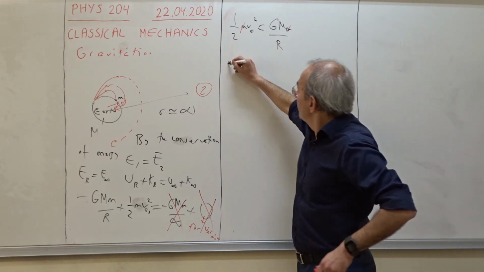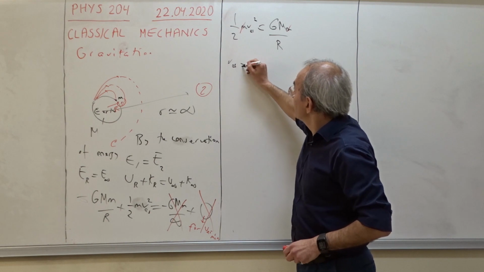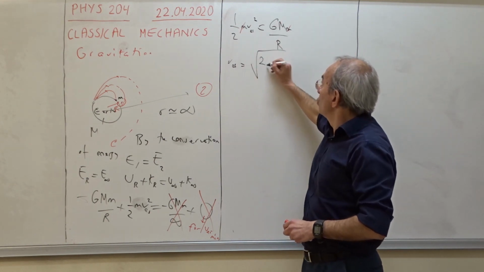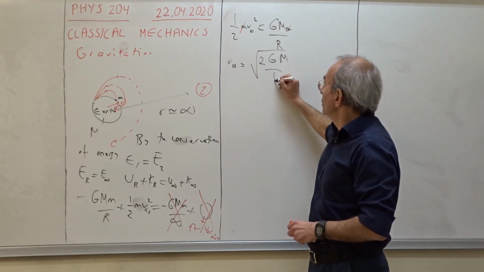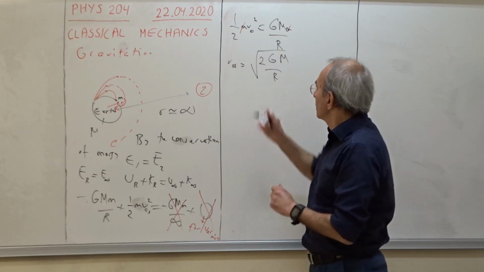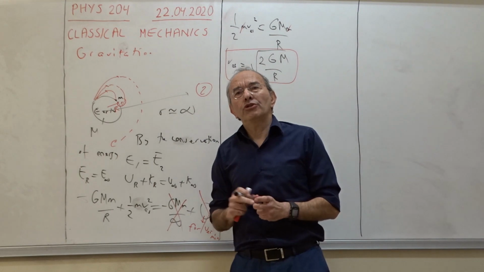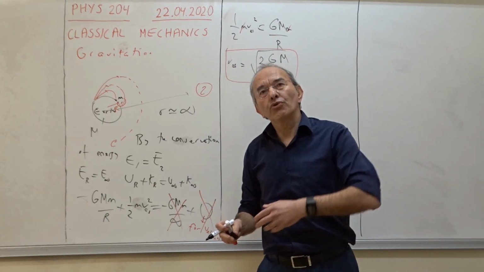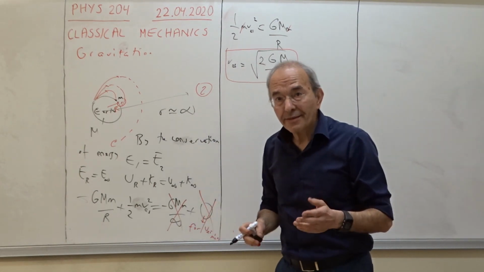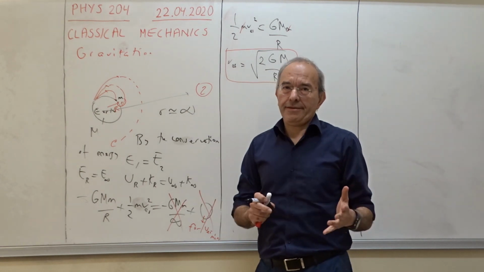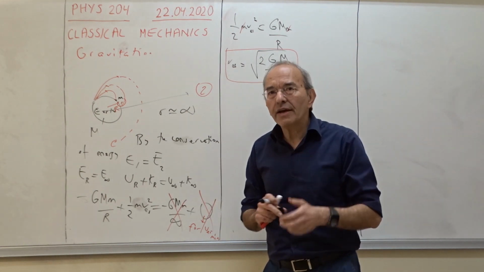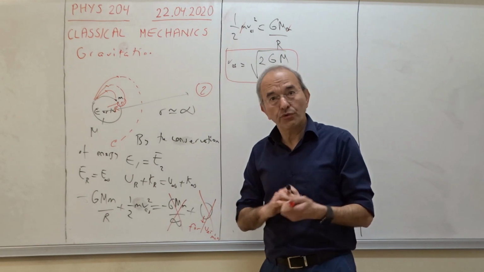So v escape is simply the square root of 2GM over R. This is the necessary minimum velocity on the Earth to throw an object into free space such that it will never come back. Let's find the numerical value for the Earth, for instance, or for the Moon.